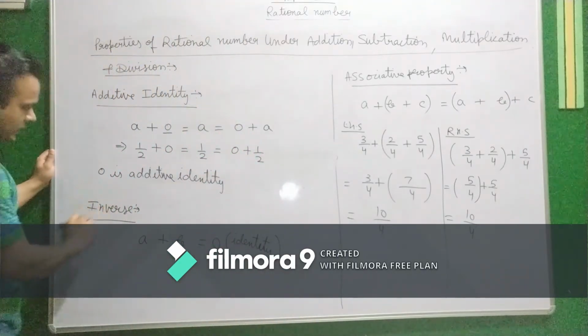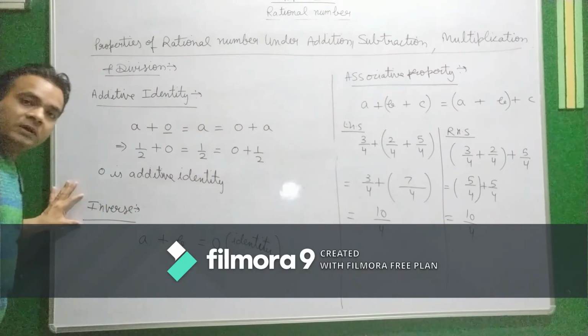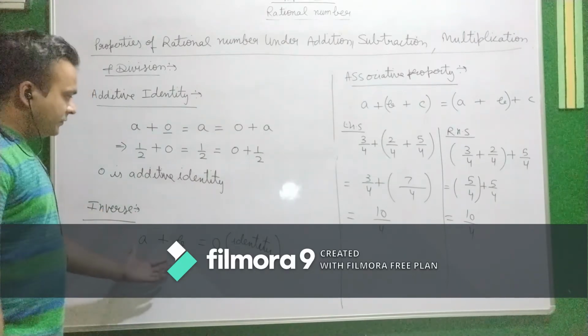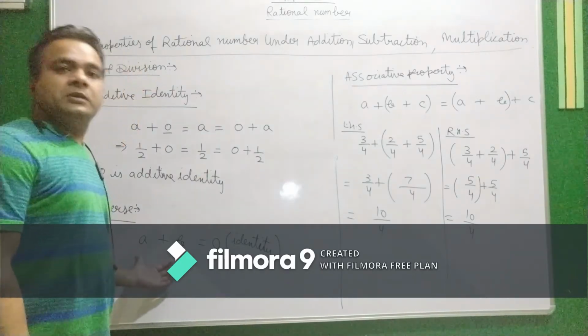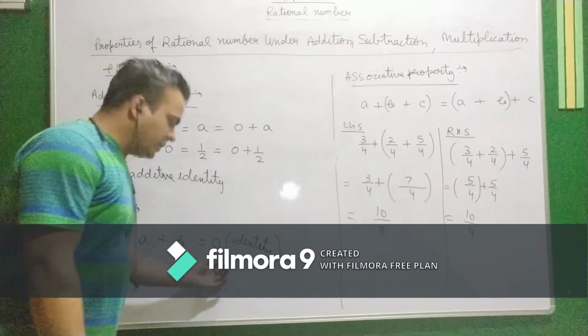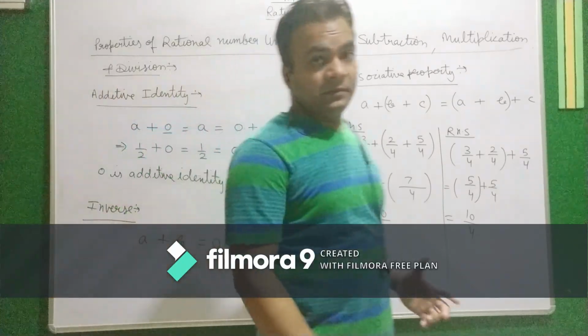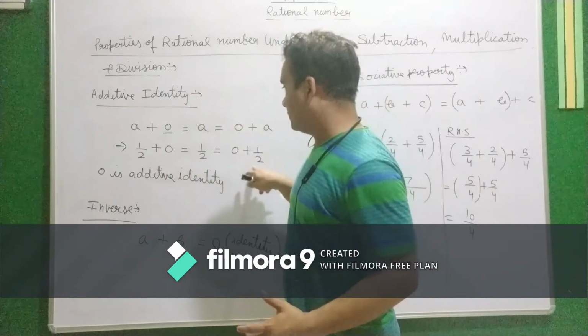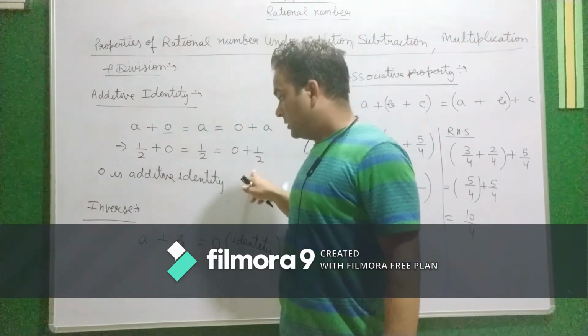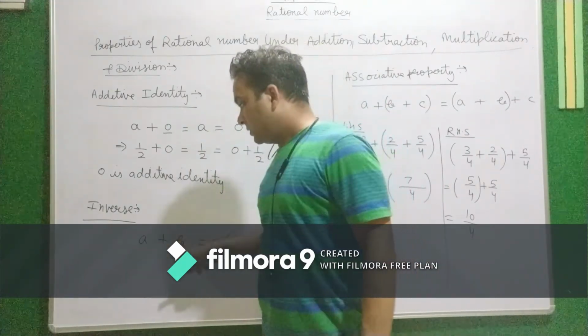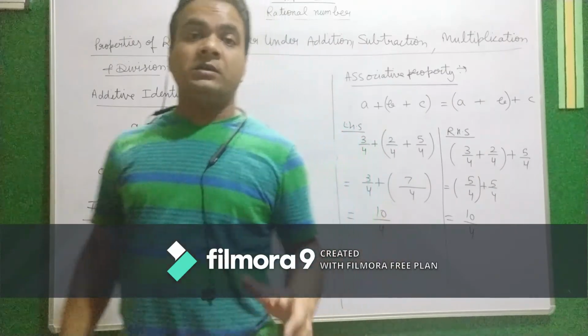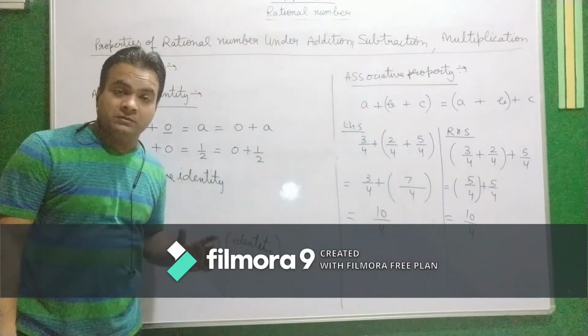I am repeating again. What do you mean by inverse? If we are adding two rational numbers and we are getting identity, and the identity we have taken here is 0, then we can say that these two rational numbers are inverse of each other.